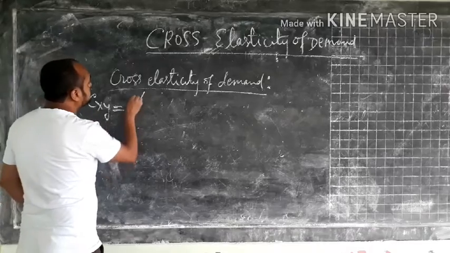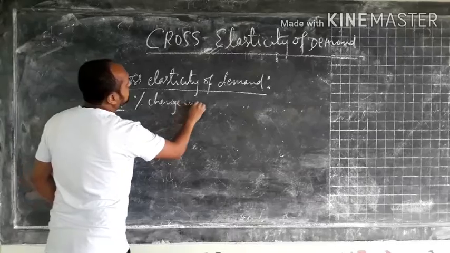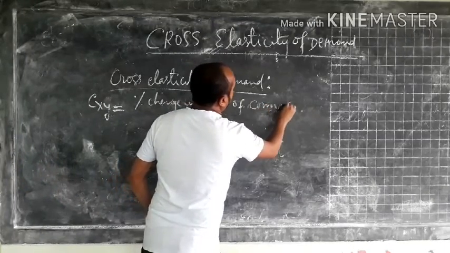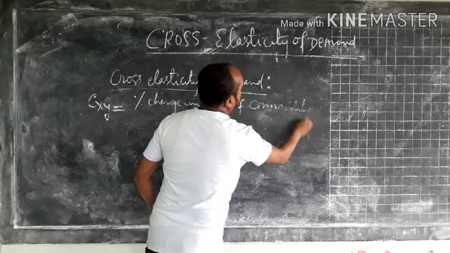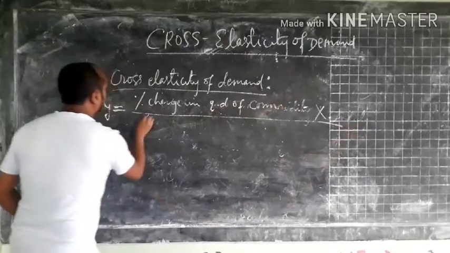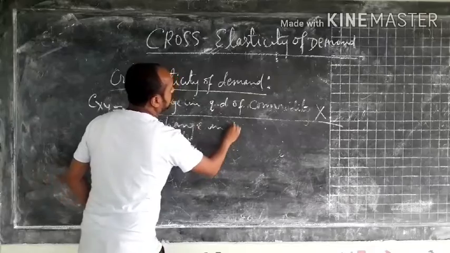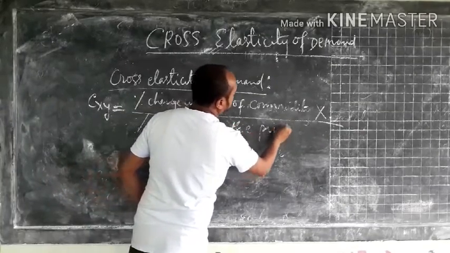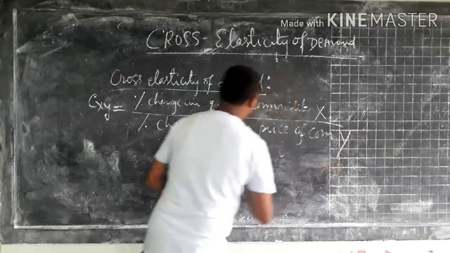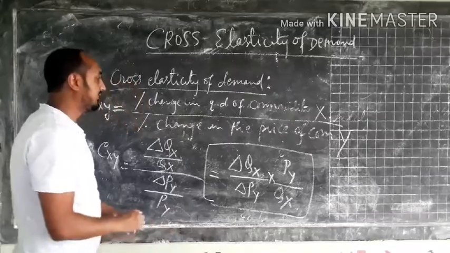So EXY is the percentage change in quantity demanded of commodity X divided by the percentage change in the price of commodity Y. The formula for cross elasticity of demand.